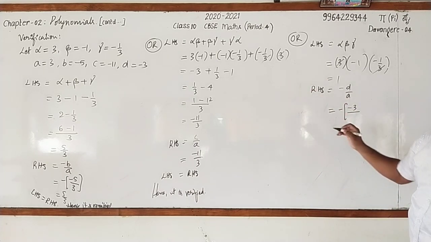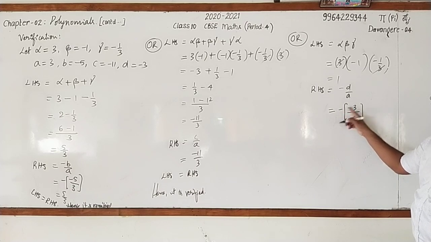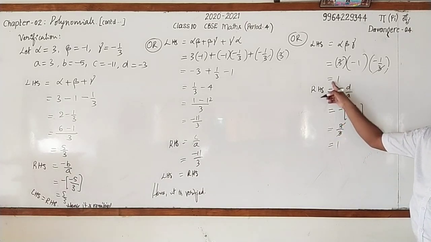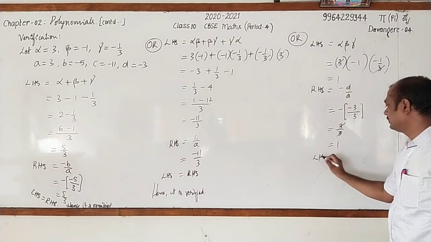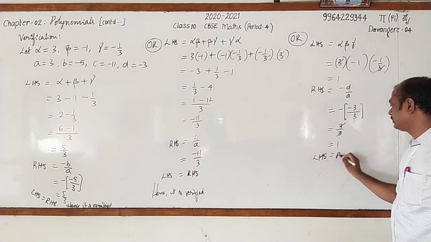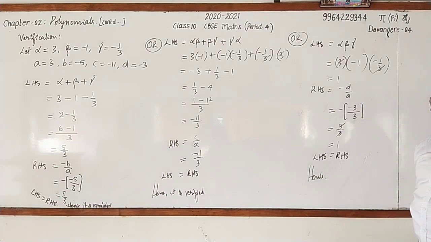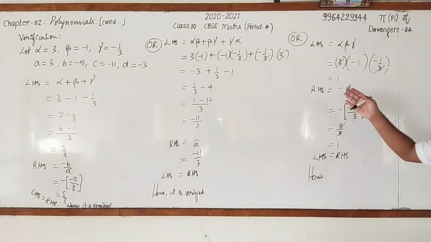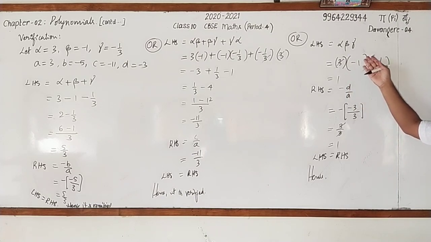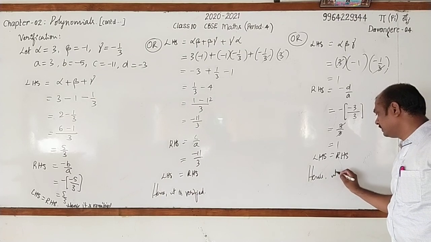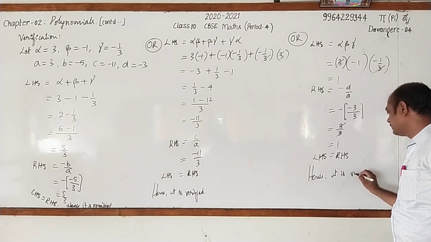A is 3. Now, minus into minus is plus, 3 by 3, it is 1. LHS is 1, RHS is 1. Therefore, LHS equal to RHS. Hence, you can also say that the relationship between zeros and coefficients, that is alpha into beta into gamma equal to minus D by A, is verified. You can write, hence it is verified.